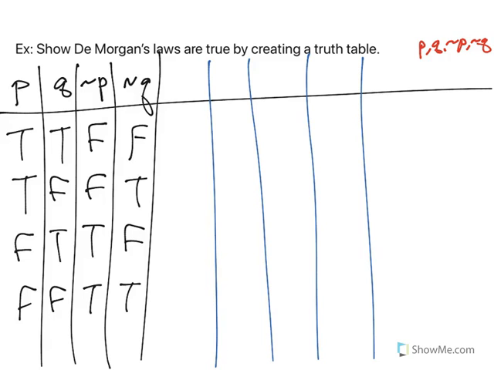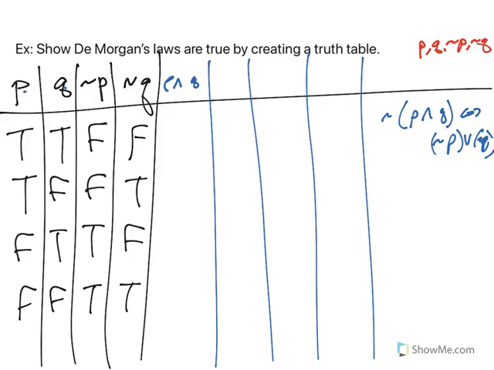So we're looking at the first one: not (P and Q), if and only if, not P or not Q. We're going to do this one first. We need to talk about P and Q. If we have P and Q, that means they both have to be true.